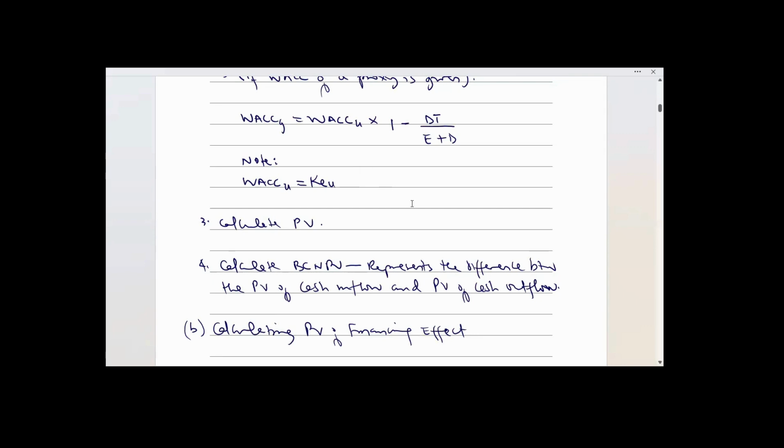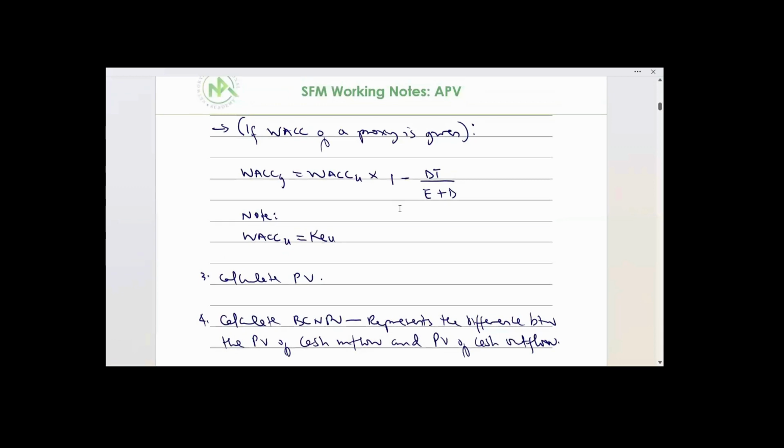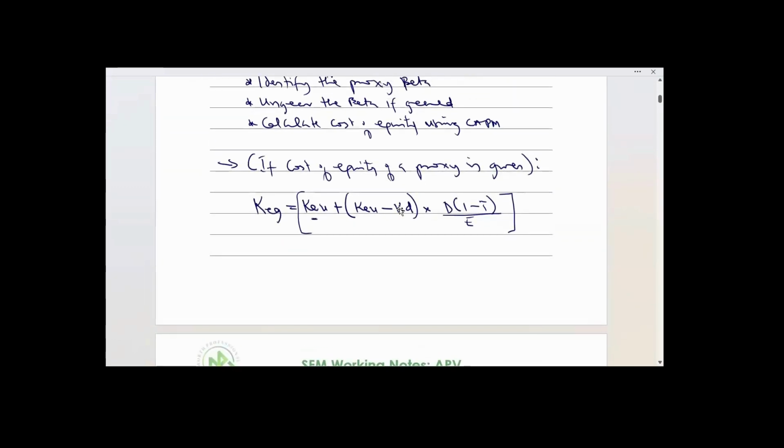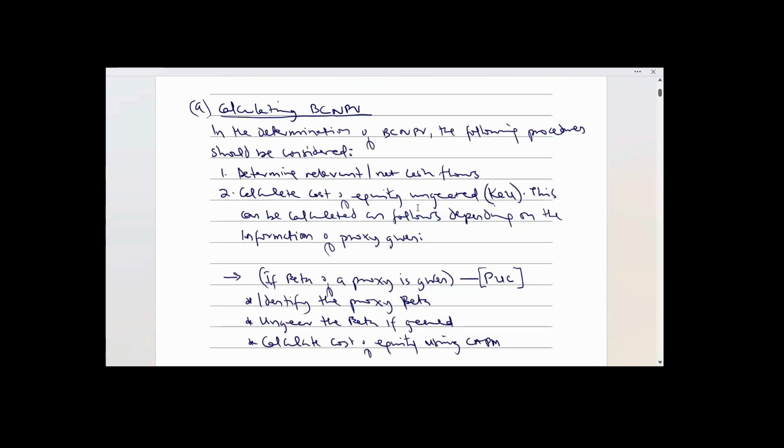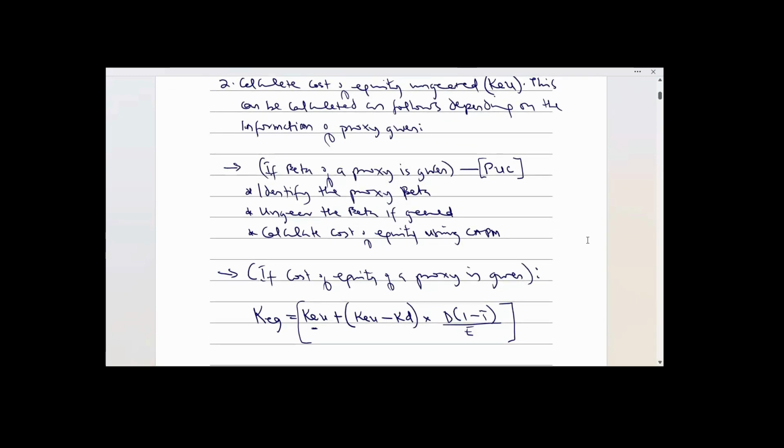It's the same way now. How do you calculate your present value? Is it not discount factor multiplied by your net cash flow? Isn't it? Yes, sir. It's the same discount factor. See, once you have calculated your cost of equity on gear in any of these 3 ways I just explained, what I'm saying here is that if you are given a beta of a proxy company, there are 3 steps you are going to follow.